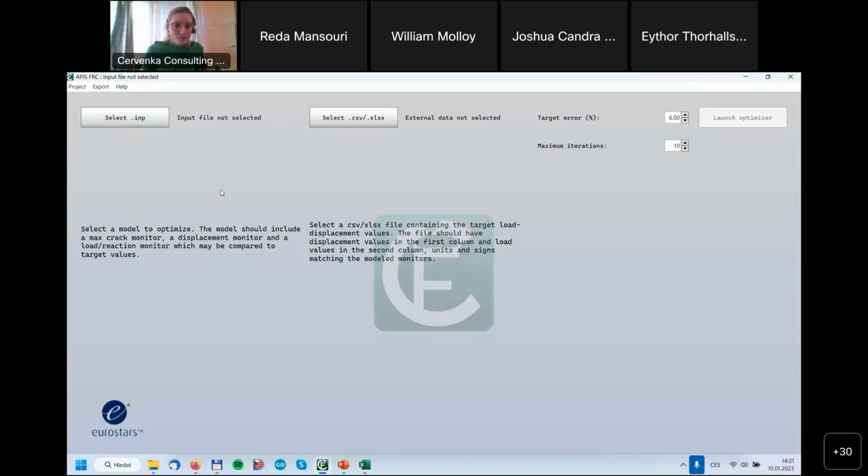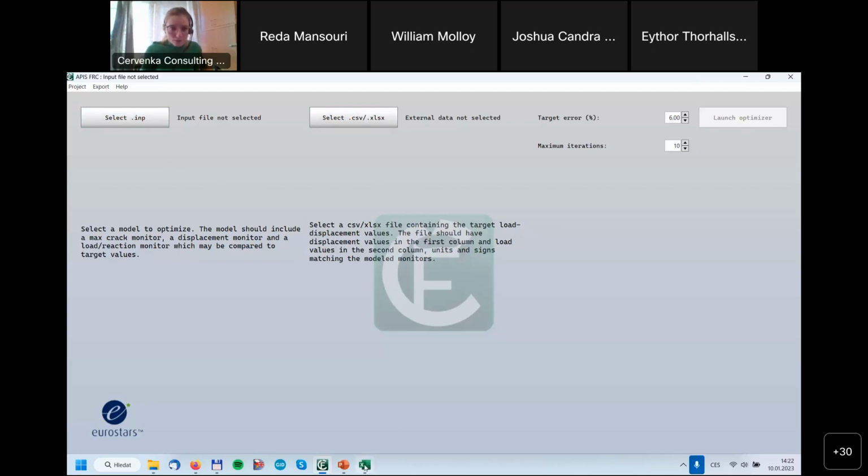There are specified the geometry and everything regarding the model, and also there have to be included those 3 monitors that are necessary to run the optimization. And the second thing that you need to load is the LD diagram for your experiment. There is a specification that it has to be a file with only 2 columns without any header.